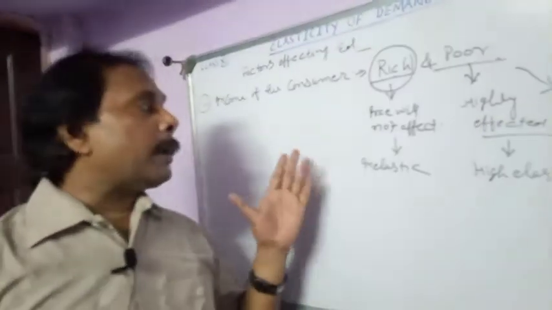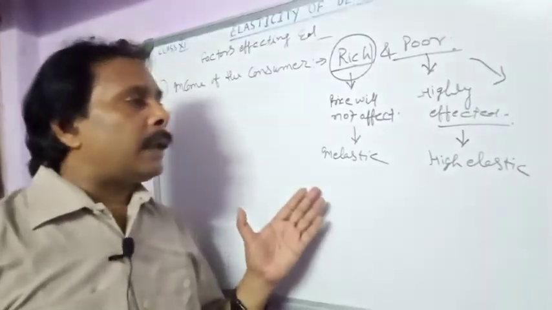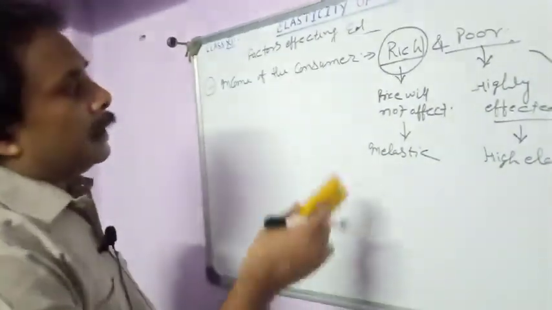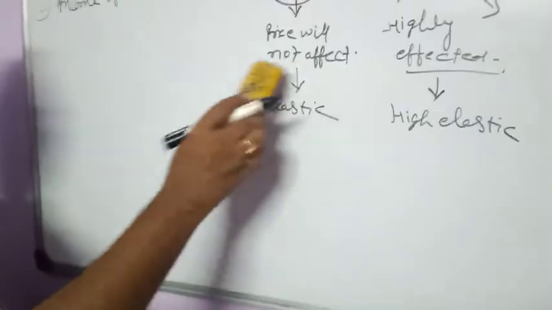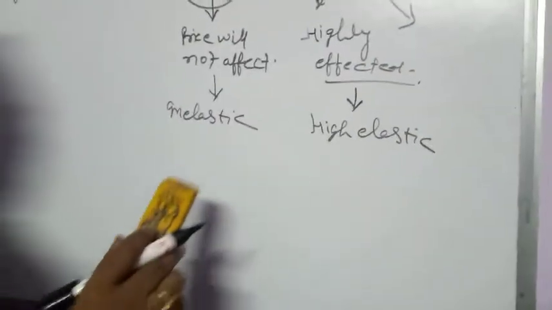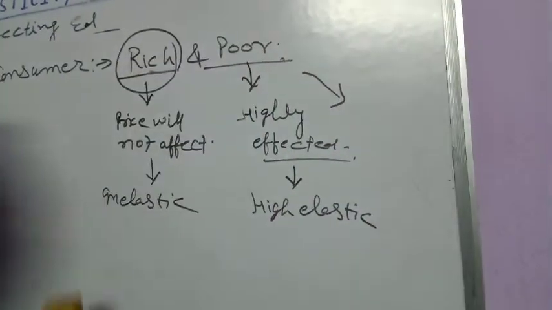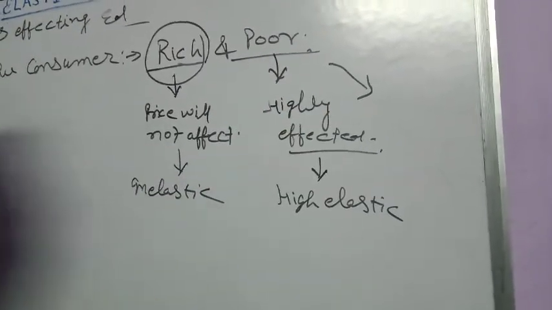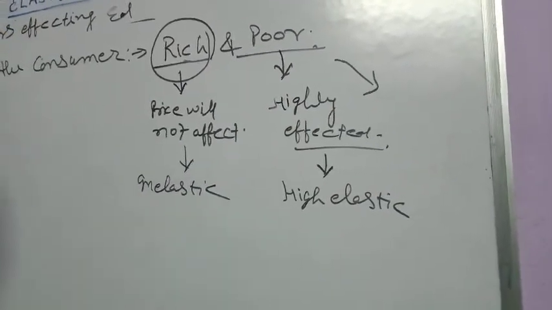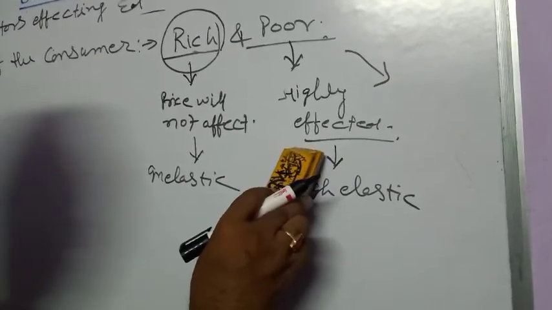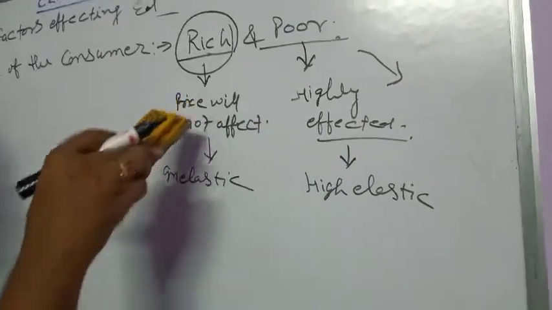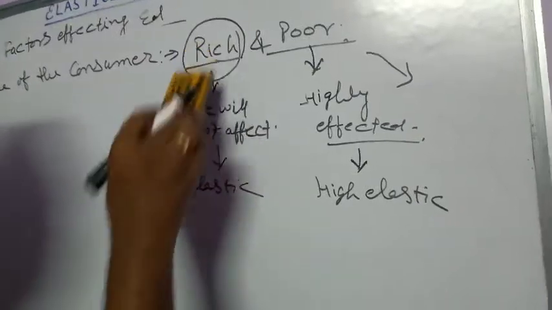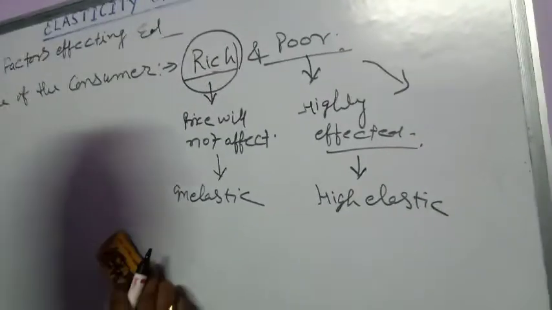If more rich people are available, in that case the elasticity of demand will be inelastic, and if more poor people are available, in that case it will be highly elastic, because at a higher price they are not interested to buy the goods, and even at a higher price the rich people are ready to buy goods.